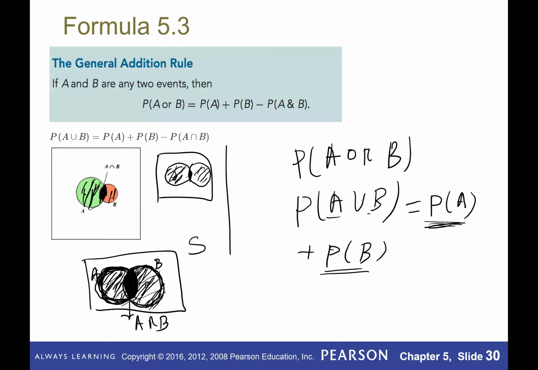So that means we are adding the common part twice. So that's why we need to subtract the common part once. And that will give us the probability of A union B or A or B. Is it clear? Why we subtracted the common part?